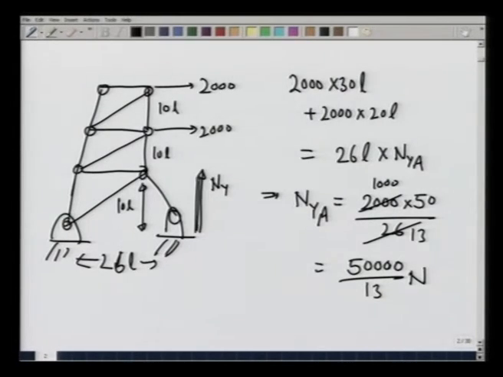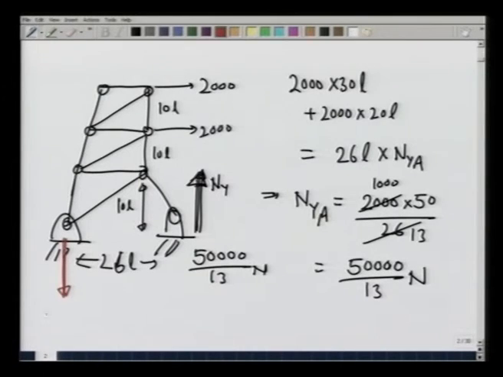So, this force up is 50,000 over 13 newtons, and from the y force balance equation, the vertical force here is going to be in the opposite direction, 50,000 over 13 newtons. This is from the equation written on the previous page.